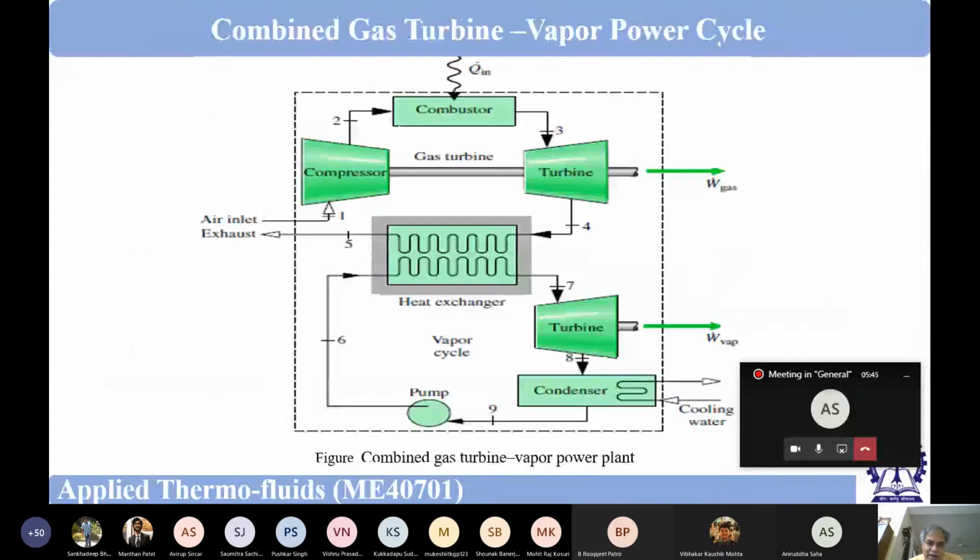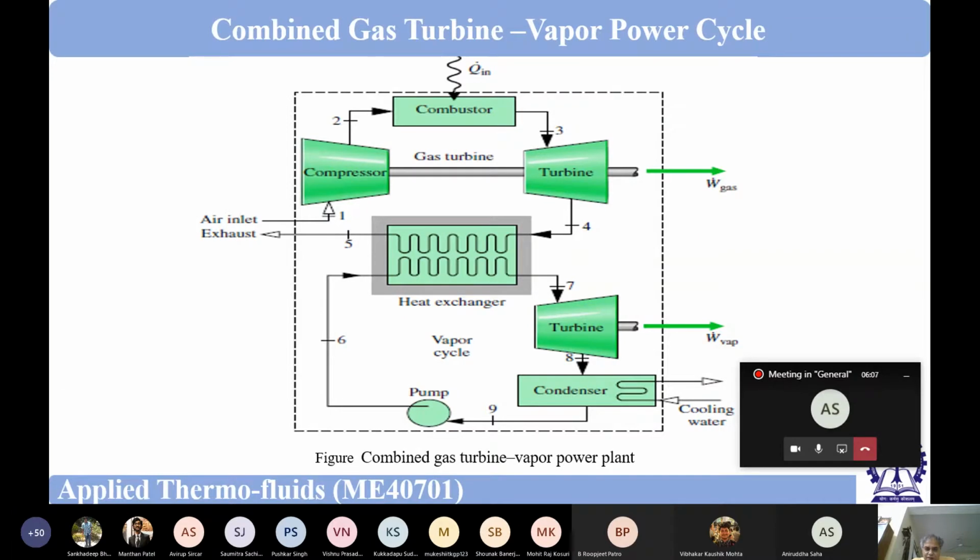Let me tell you some other advantages of these two cycles. Now, the gas turbine cycle and the steam turbine cycle have some sort of complementary features. Like there is something called how we select a particular power plant. Certain features, let me tell you.